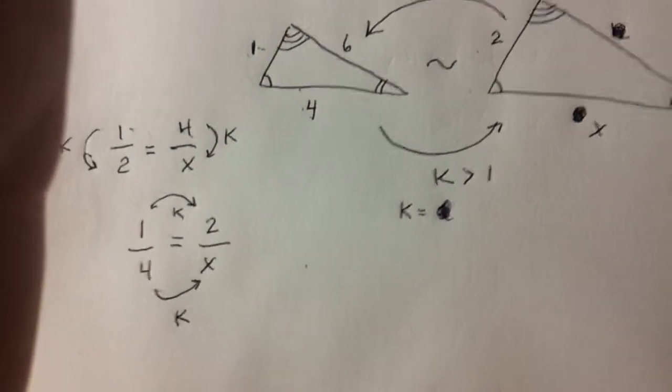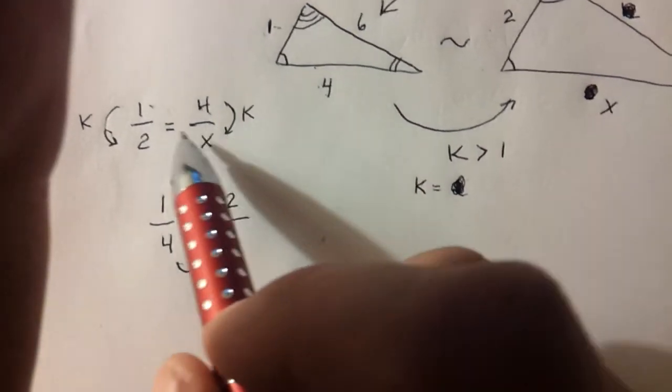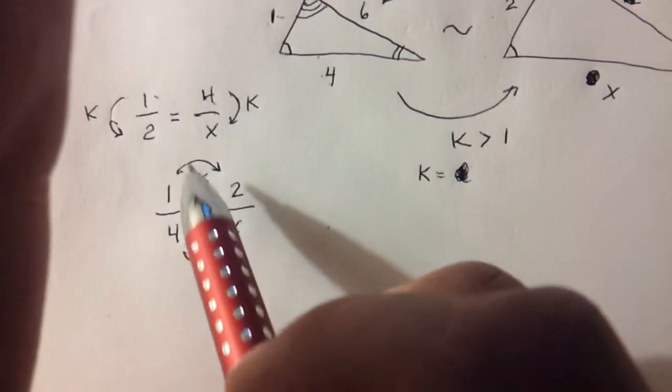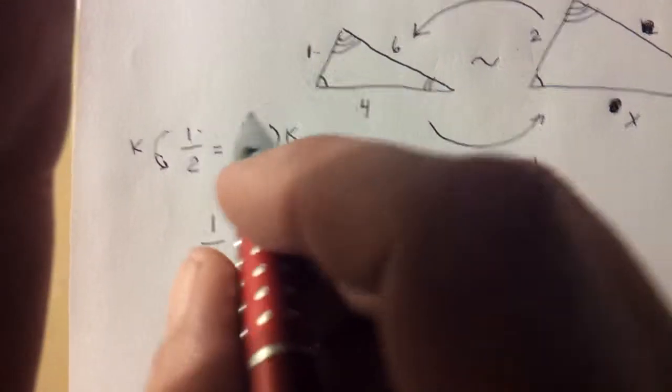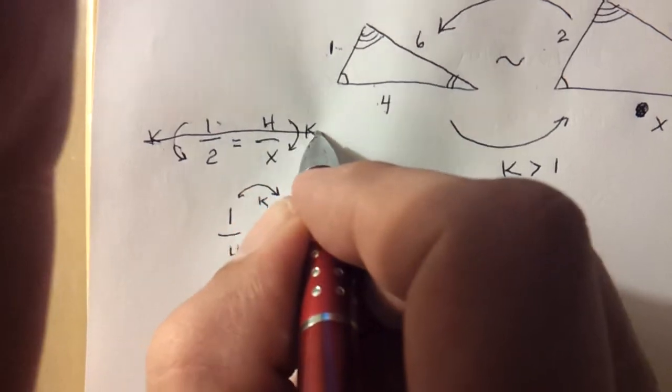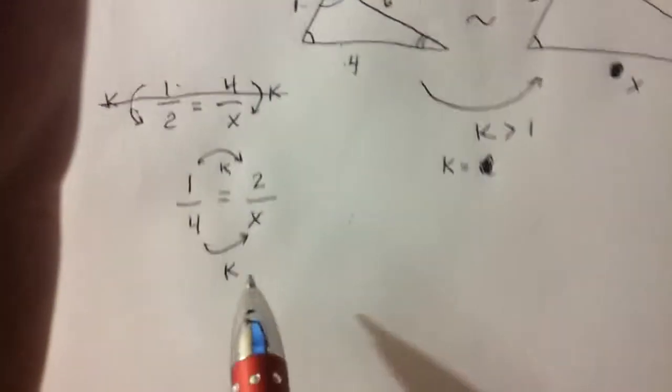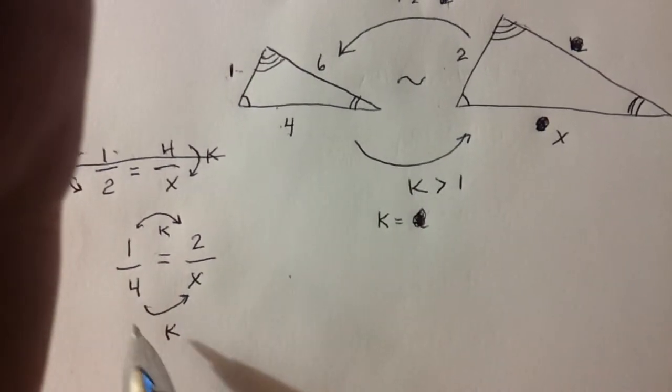It's really important how you set up your proportions, especially if you're trying to cross multiply and divide. Let's not do that just yet. That's for a little bit later. Right now you have to understand the proportional relationship.